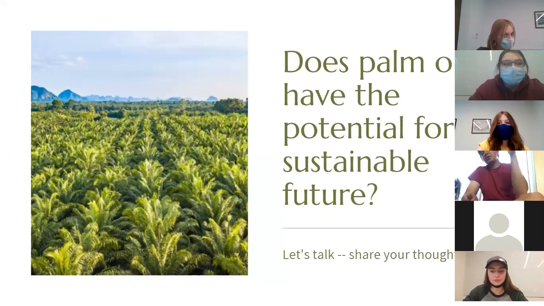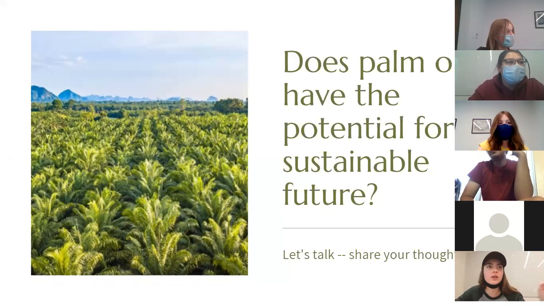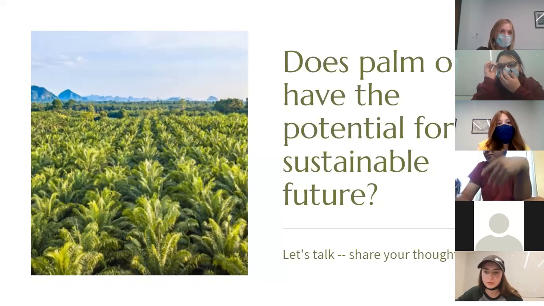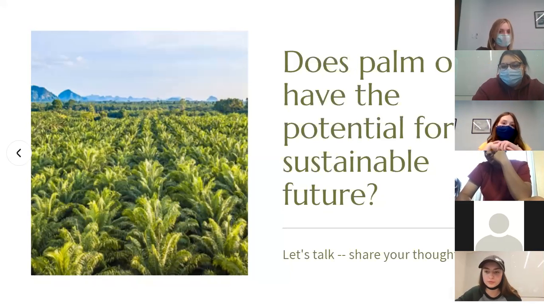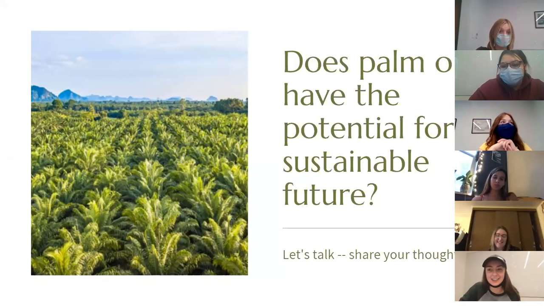I mean, strictly speaking, from one of my jobs, I went to culinary school, so I didn't know that palm oil was a bad thing, but a lot of the chocolates I work with do contain palm oil, so now I know. I know it's so tricky because it is a good alternative.